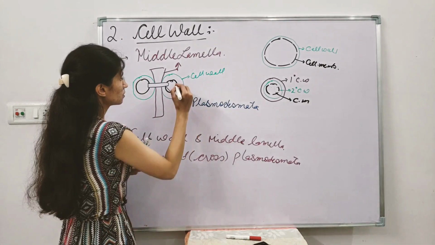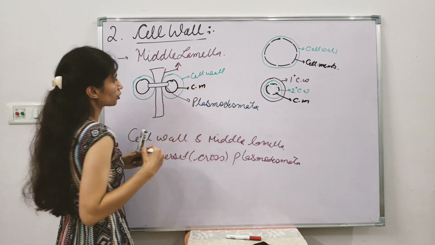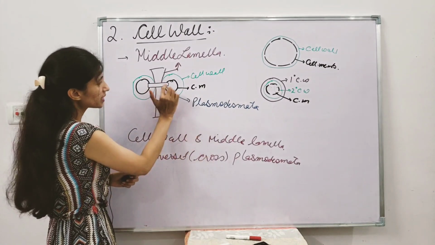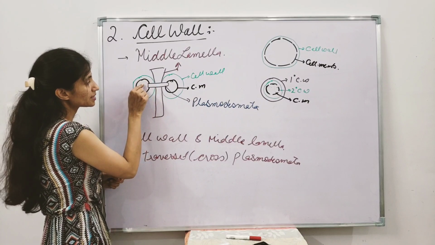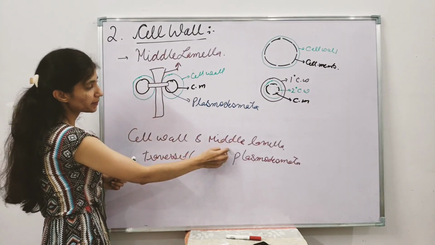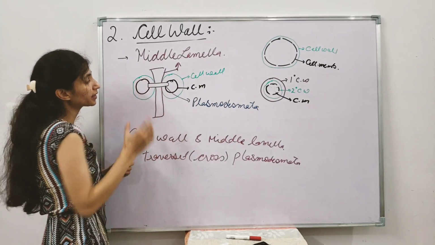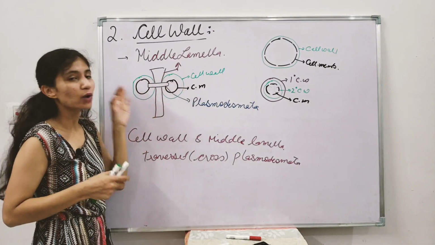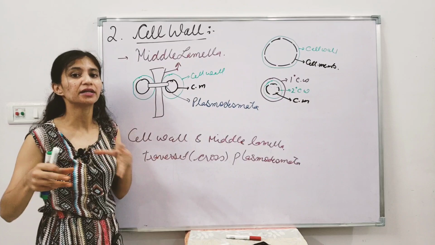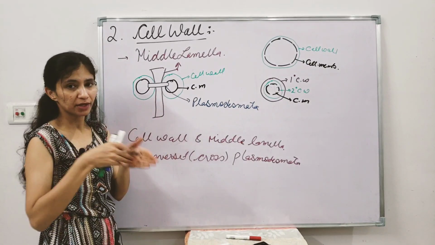This is your cell membrane. I am just writing the short form for the cell membrane. So this plasmodesmata crosses the cell wall and your middle lamella, and it interacts with the cytoplasm. It joins the cytoplasm of two adjacent cells, or cells which are nearby to each other. So it acts as a bridge between them.